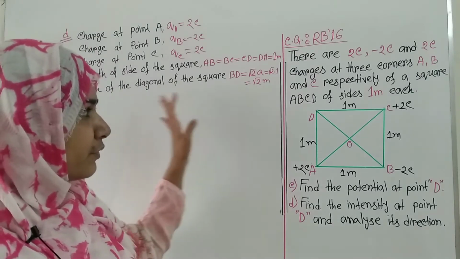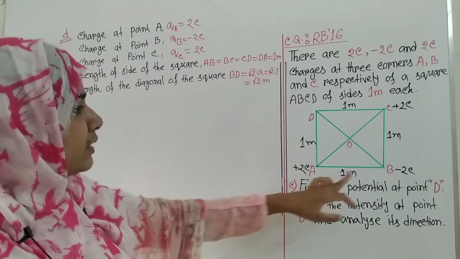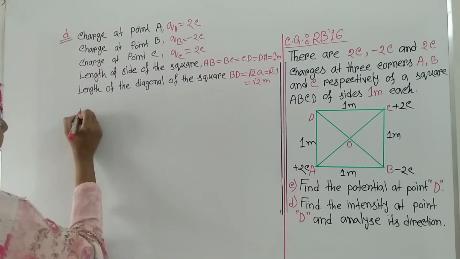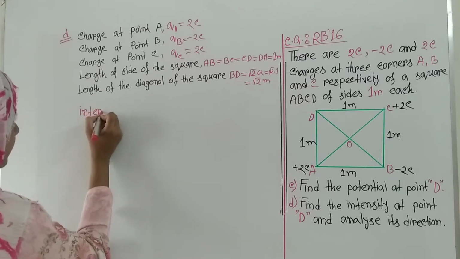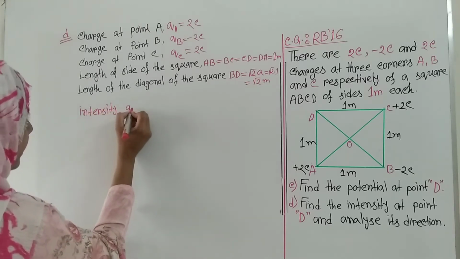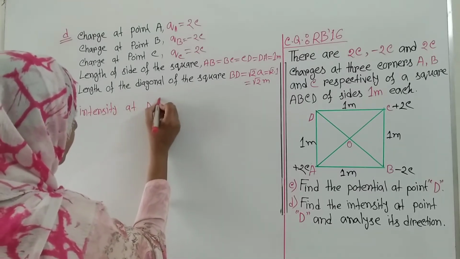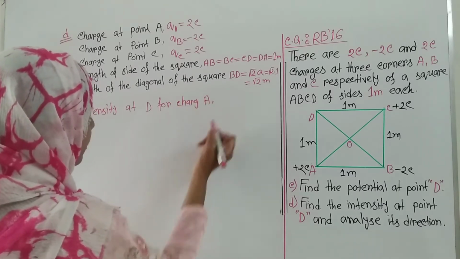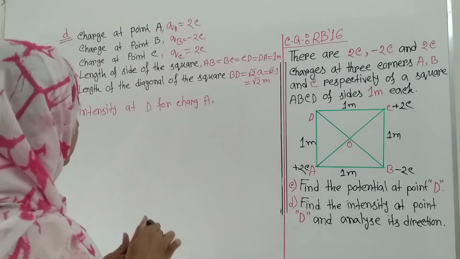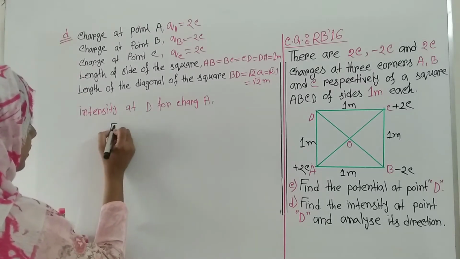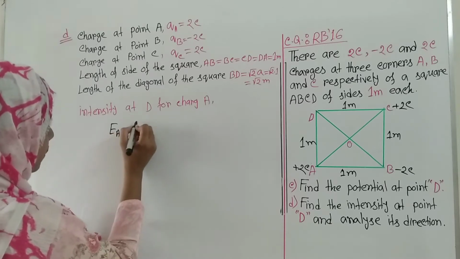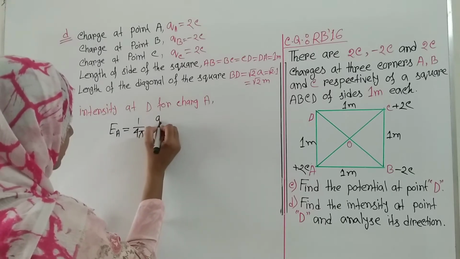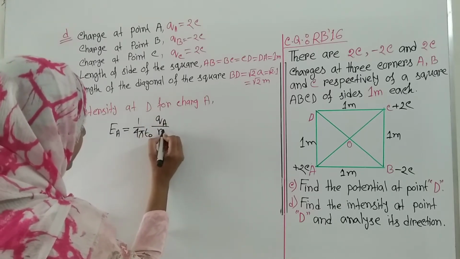And the length of the side of the square is given here as 1 meter, and the diagonal is √2. Now, the intensity at D for charge A, we can write that EA is equal to (1 by 4 pi epsilon naught) QA by R square.